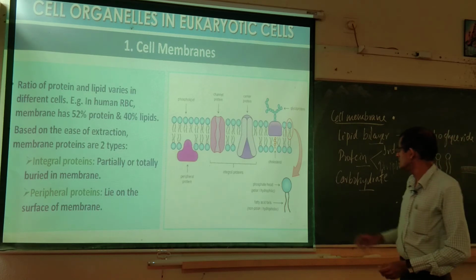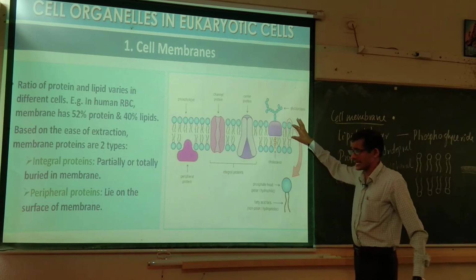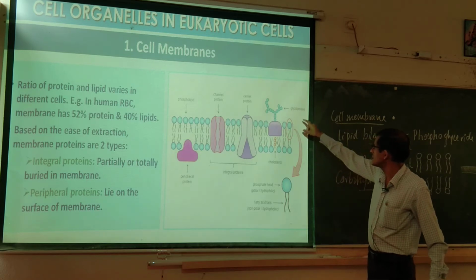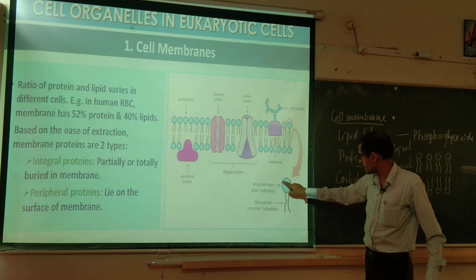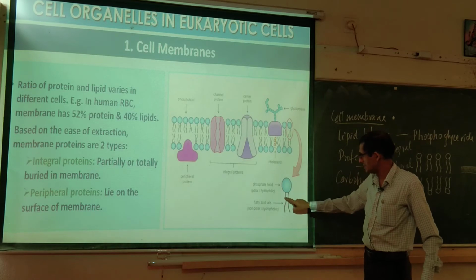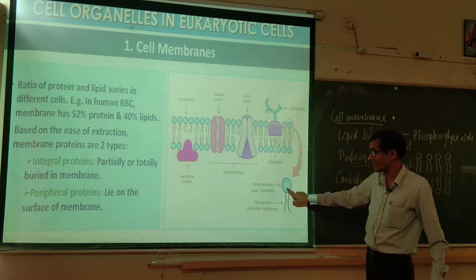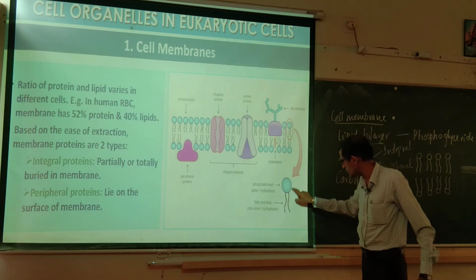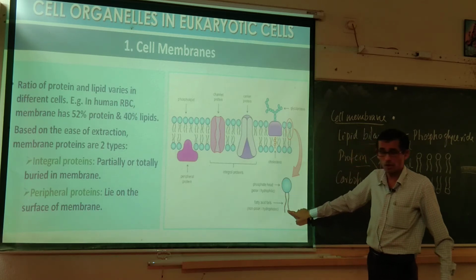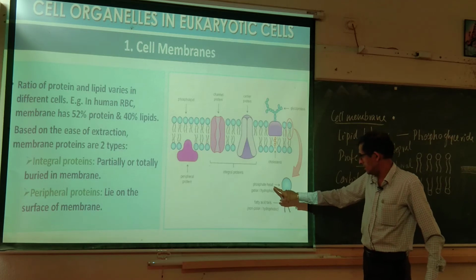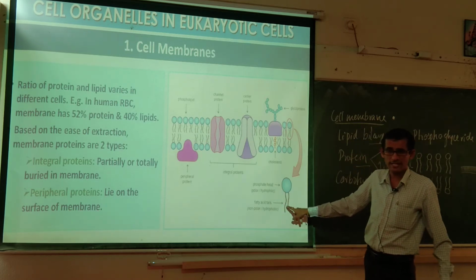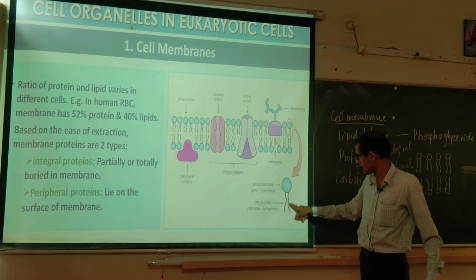Then see here, to describe an important structure of the lipid bilayer, here we can observe the phosphate head, which is polar and hydrophilic. Remember, head is hydrophilic and tail is hydrophobic. It is the phosphate head with the fatty acid tail, and the fatty acid tail is non-polar hydrophobic.